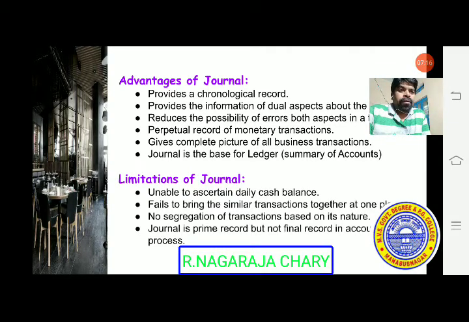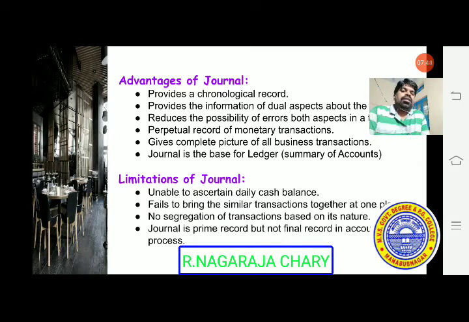So that's why without journal we can't post into concerned ledger. That means without a journal there is no ledger, because journal information is recorded in the ledger. So that's why journal will be useful for further accounting process. That is the advantage of journal.